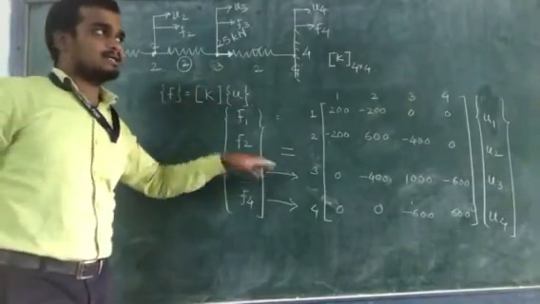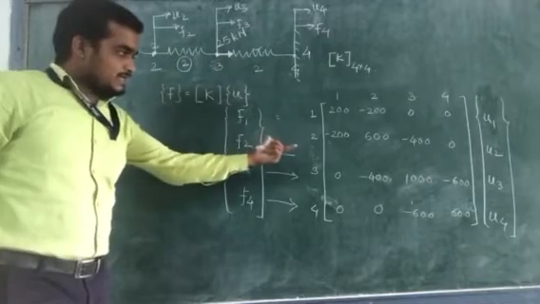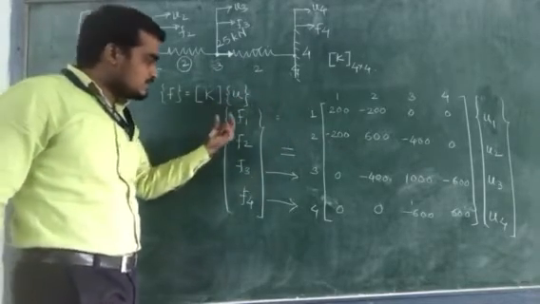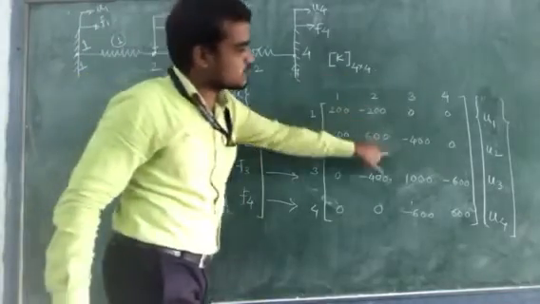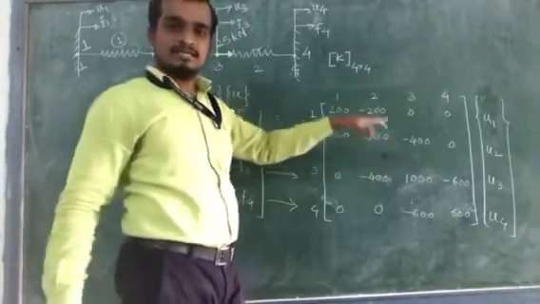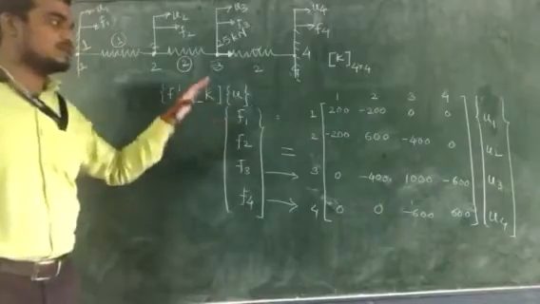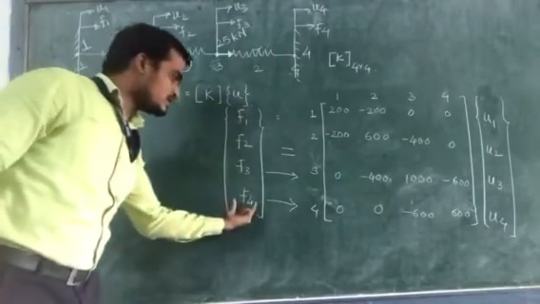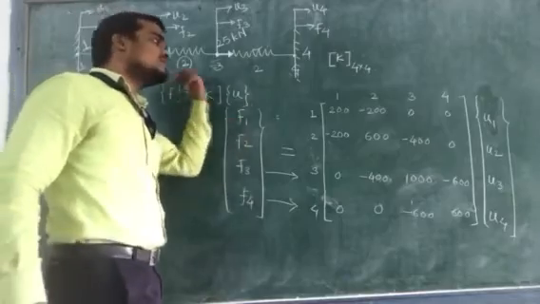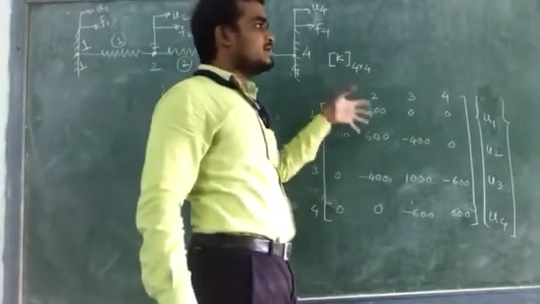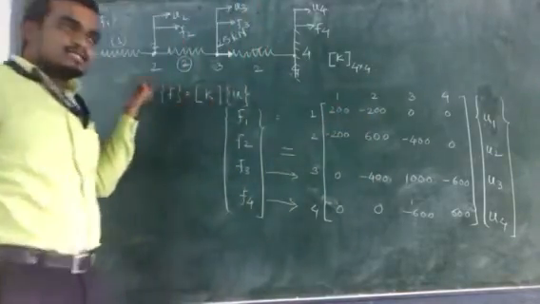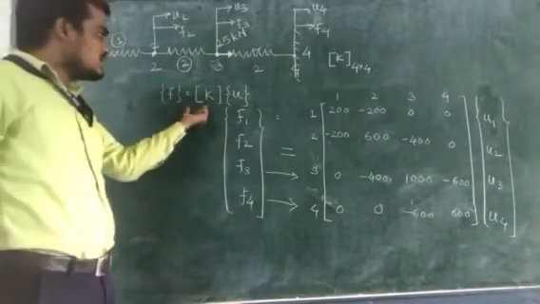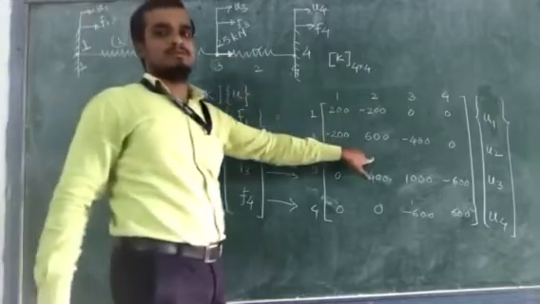But here we are writing down these 4 equations by using this global stiffness matrix. Actually the first step should be that you get 4 equations and by using these 4 equations you get the global stiffness matrix. But here we are constructing the global stiffness matrix first and then writing this relationship by using it.